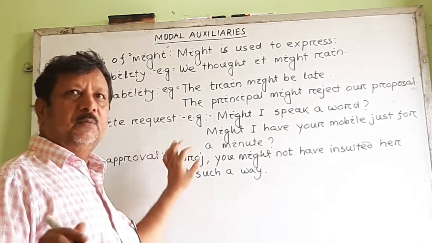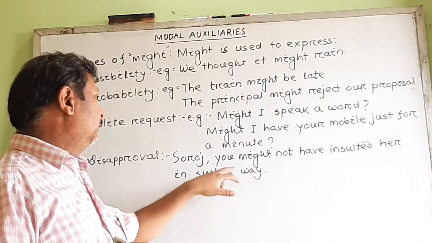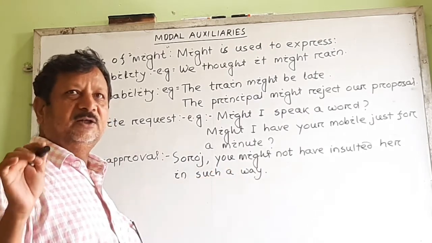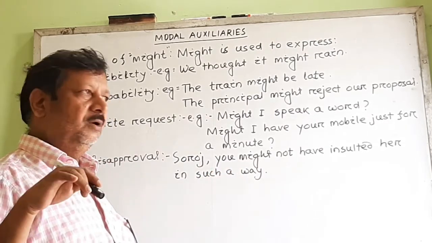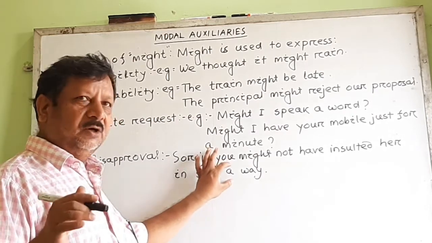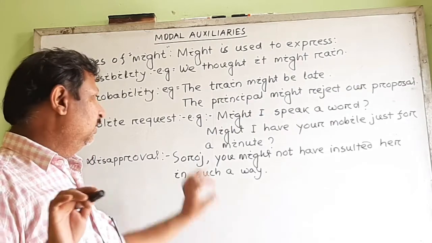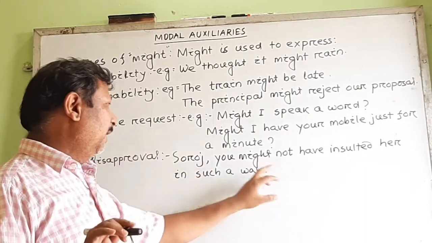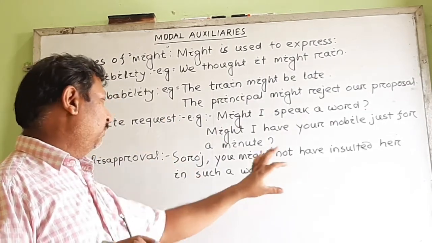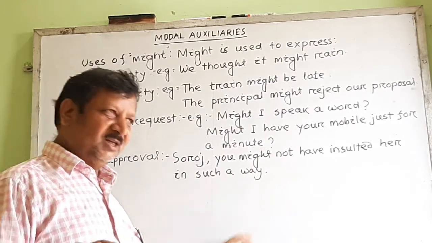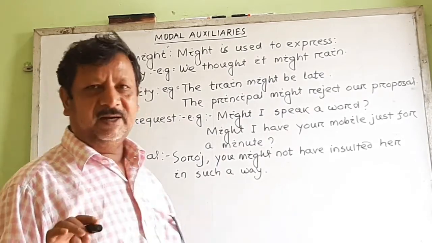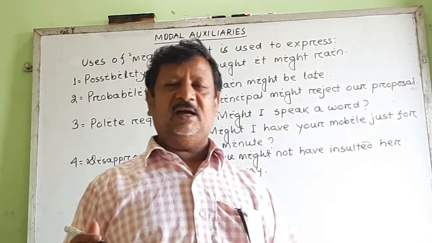We generally disapprove of someone saying something because he might have insulted in such a way that we could not tolerate or bear. As a result, we express our disapproval by saying, Saroj, you might not have insulted the person in such a way. So these are the uses of could and might.